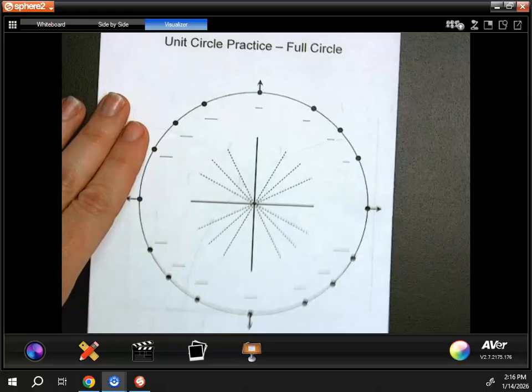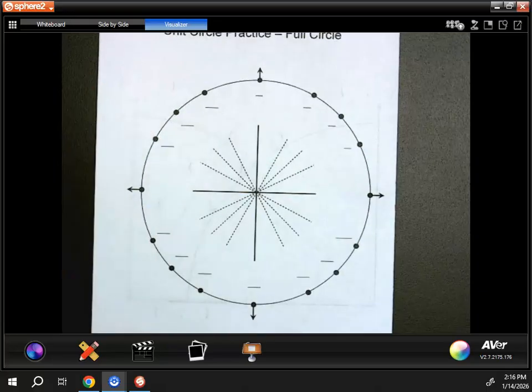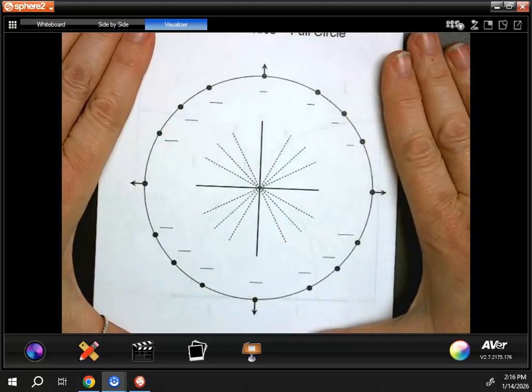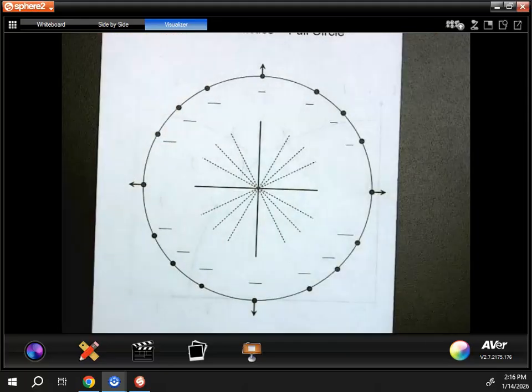Don't be looking at your neighbor's paper. Just from your brain and your brain only, on this circle, I want you to fill in all the angle measures. Just the angle measures. What are the angles? What numbers are the angles? The pi's, yeah. Those are your radians.